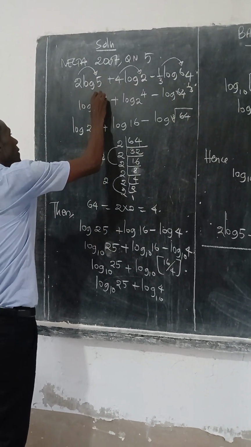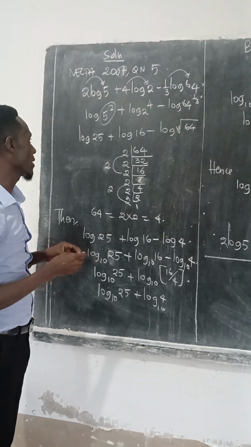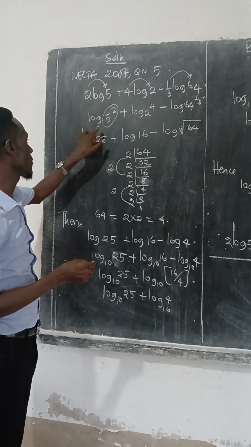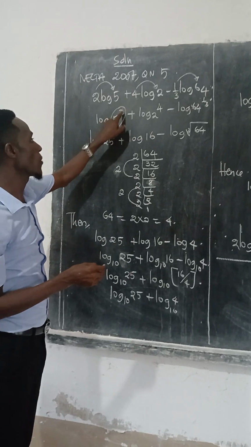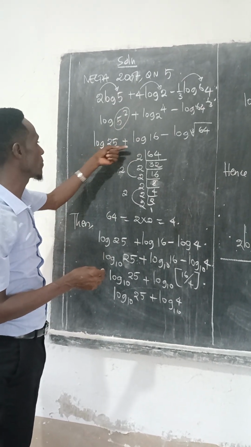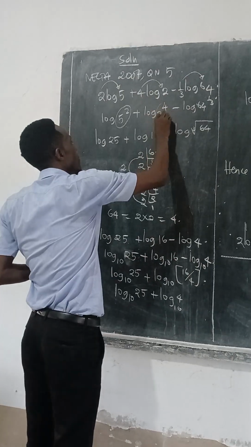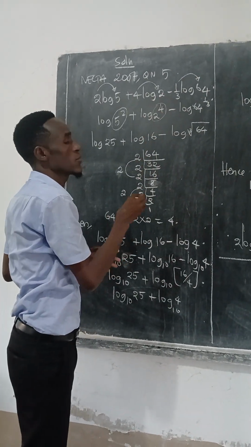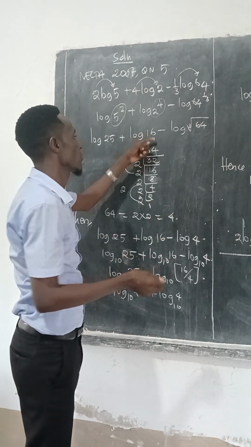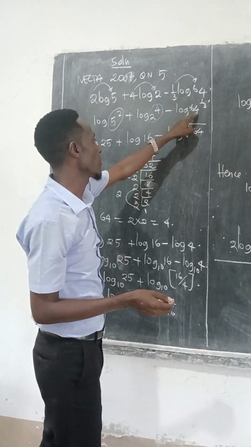After turning back these numbers, the logarithm of 5 squared is equal to 5 times 5, which is 25, plus 2 exponent 4, which is 2 times 2 times 2 times 2, equal to 16, minus this logarithm.